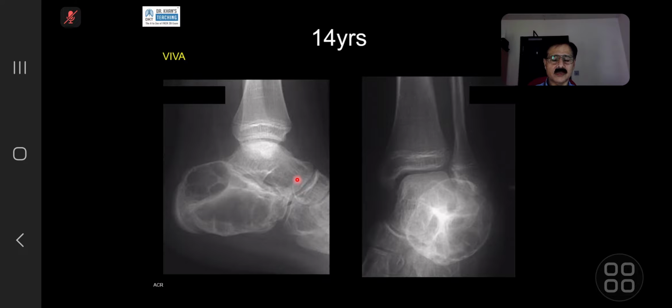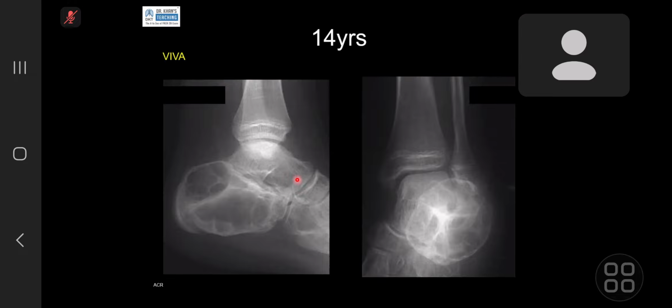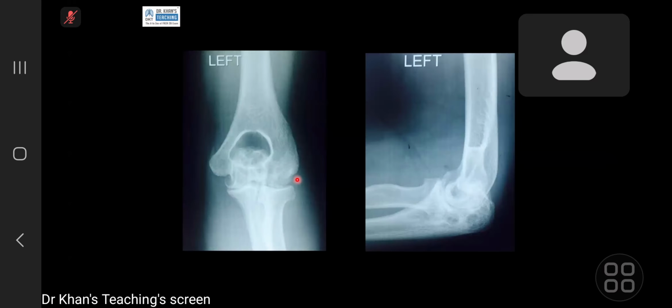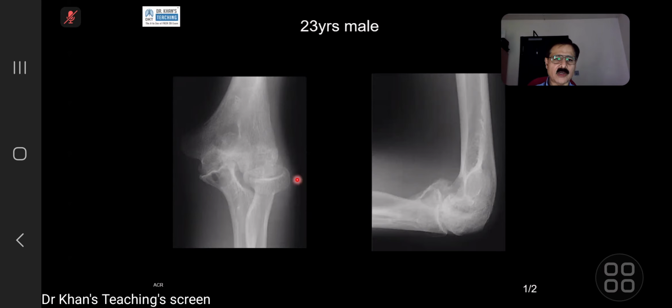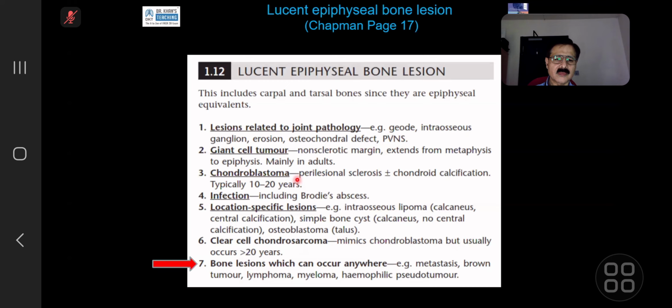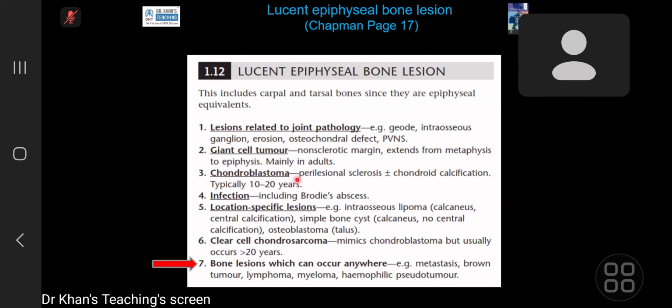You said ABC. What else? The differential is in front of your eyes. Expansile. Then I think it can be from the miscellaneous category.